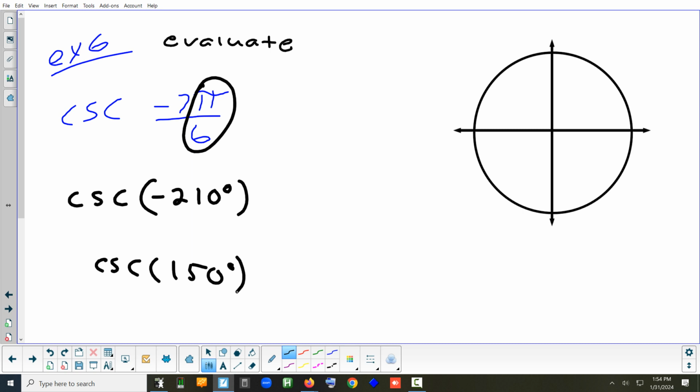Which one is it? 30. Any question on how you would get the coordinate for 150 now, and then get the cosecant? Everyone will be okay finishing that one up.